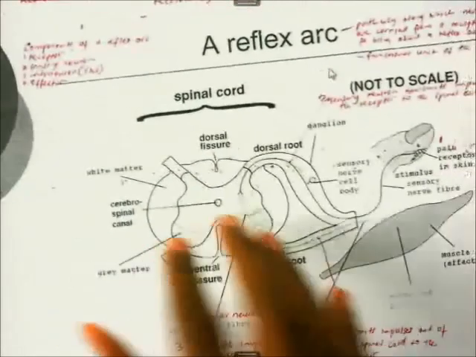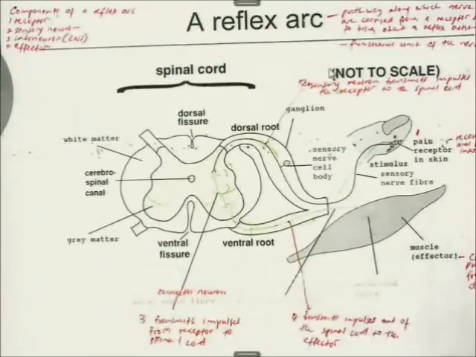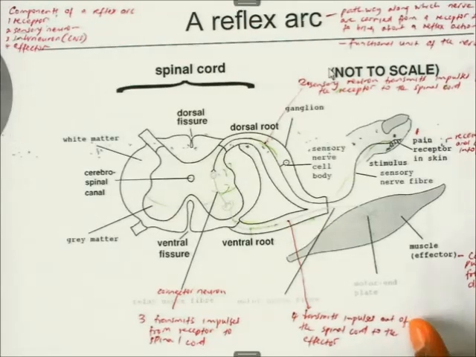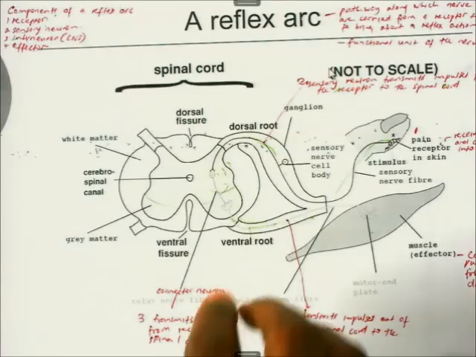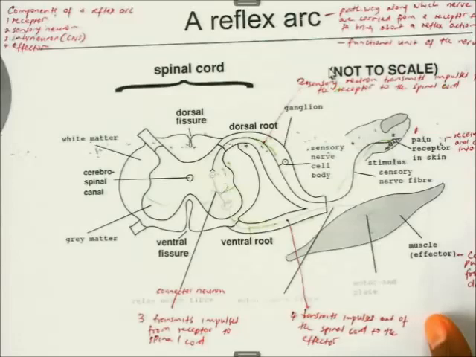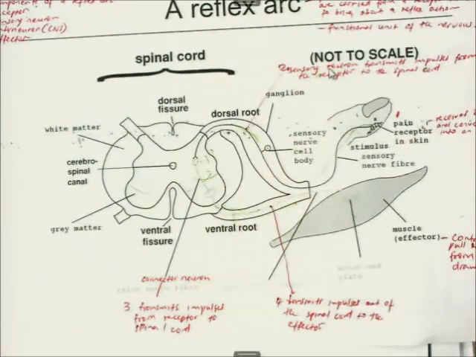From there, I want to quickly talk about the functions of the spinal cord. The first function of the spinal cord that one can talk about is that it is a seat of reflex actions, such as a knee jerk or the withdrawal of what? Of an arm from maybe a burning what?